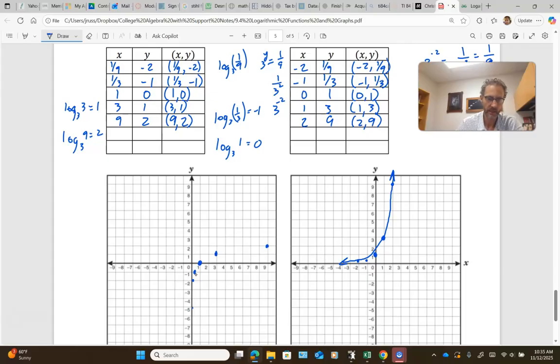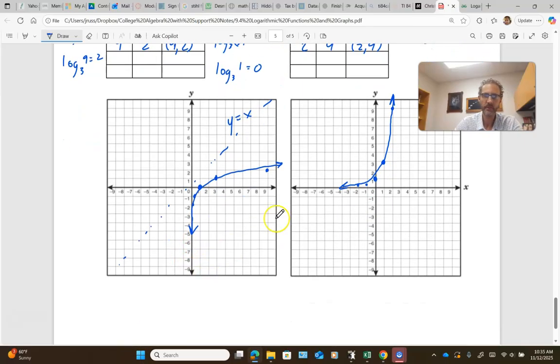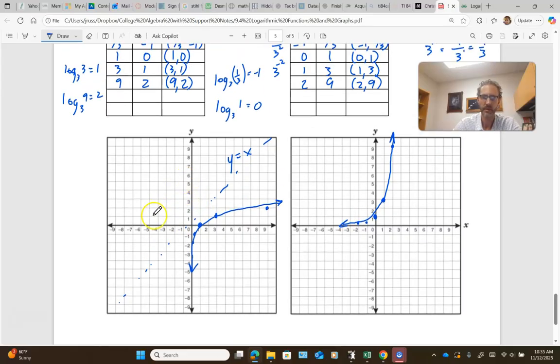And so if I sketch the graph of this logarithmic function, it is a mirror reflection about that, remember that imaginary line, y equals x. If I were to have graphed them on the same coordinate system, these would be reflections of each other about this line right here. So again, let me just summarize some of the characteristics.